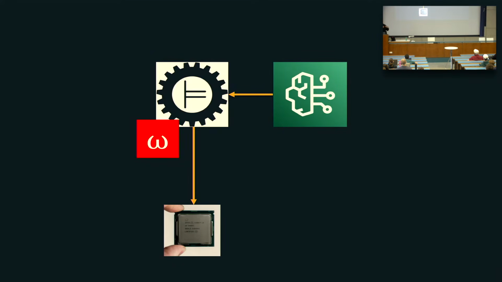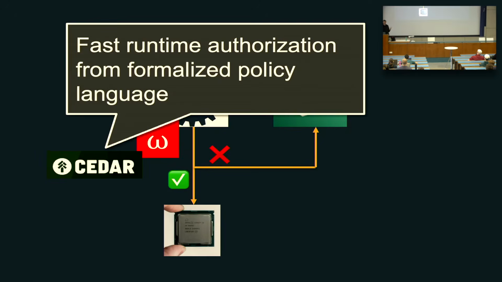Think of that model as like a language. Are the commands coming out of the LLM allowed by the language of the property that's the specification? If so, we let it go to the microprocessor, and if not, we push back to the language model and say try again. The idea right now is we're using Cedar. There are some challenges with doing that. Cedar doesn't really have a notion of temporal logic, but one could imagine extensions and so on.